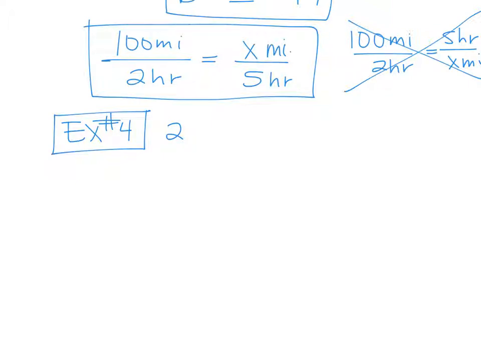Last type of example, and then I got one more example for you. This one says, if you have 2 gigabytes of storage, you can hold about 500 songs. There's a larger MP3 that has 80 gigabytes of storage.